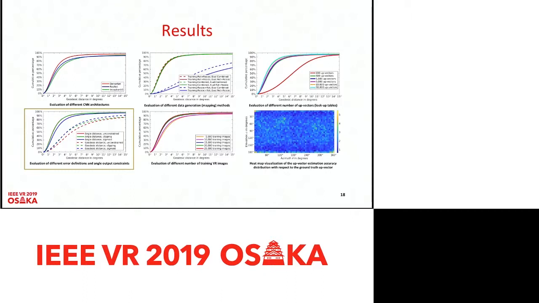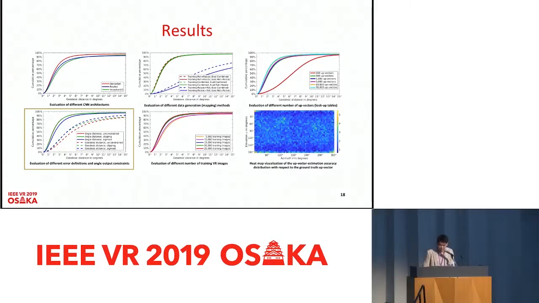The bottom figure shows the results for the loss function. Overall, the angular distance definition gives much better performance than the geodesic distance, regardless of the output angle bounding method. We can see that the way we define the error or distance is much more important to performance, as it directly impacts the loss function.